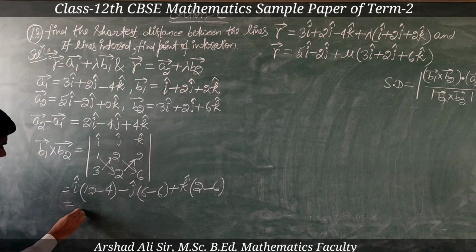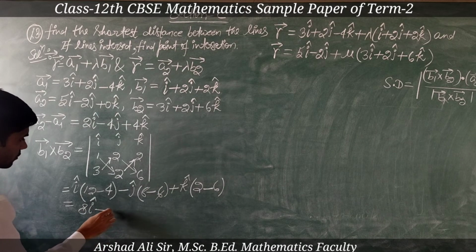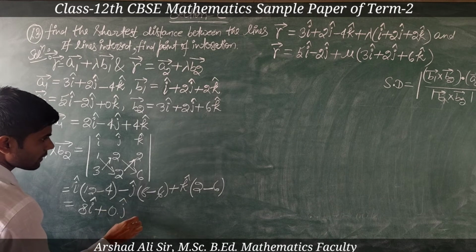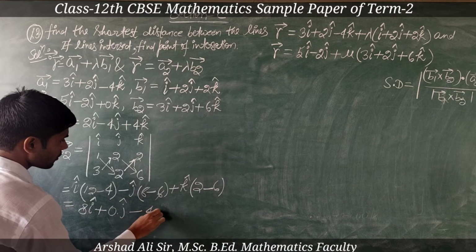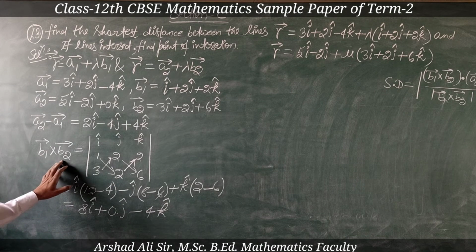So 12 minus 4, 8 i cap, 6 minus 6, 0, it will be 0 j cap, and 2 minus 6, it will be minus 4 k cap. So it is the value of B1 cross B2.